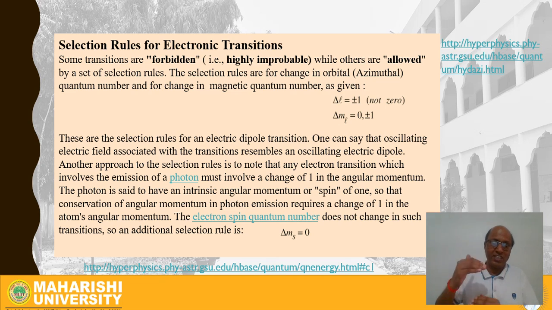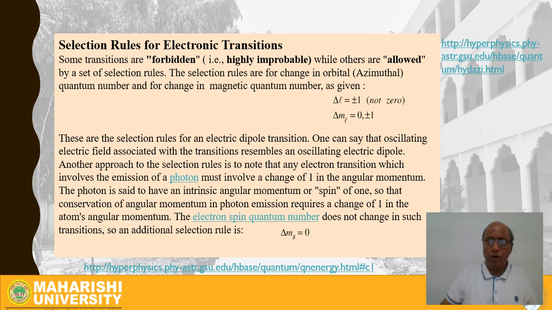So if a transition is going to take place from one level to another level, and the minus half electron is going to that level where there is another electron, then if both have the same spin, this will not happen. So all these conditions are to be fulfilled. If you want more details, you can visit such links also. So this was about the basic selection rules for electronic transitions.